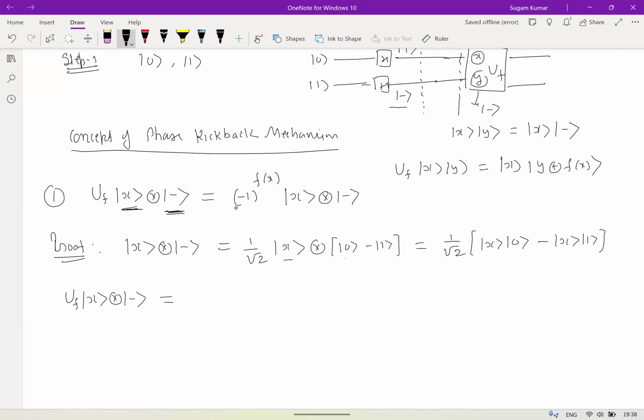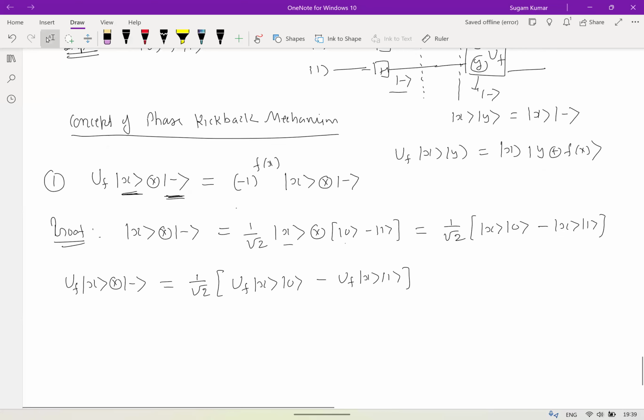Now I want to apply this U_f on X and minus. It means this will go inside: 1/√2, and U_f is going to apply on X and 0, and this U_f is also going to apply on X and 1. Please be attentive here, because these steps are very important to understand and keep clarity in the mind, to understand the interference which is going to come in the next step. Now see what this U_f will do.